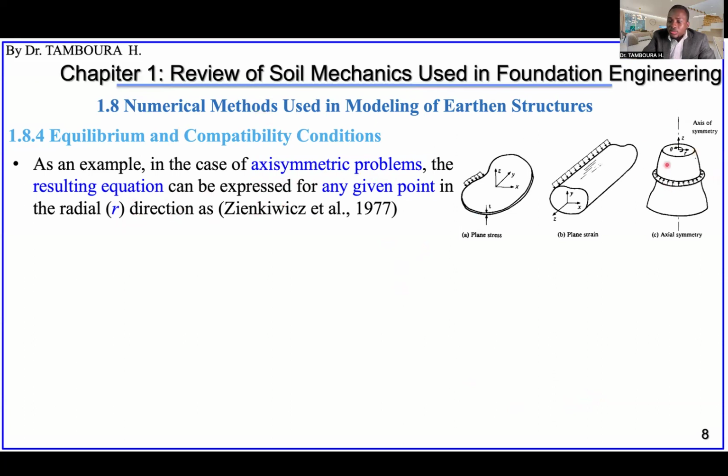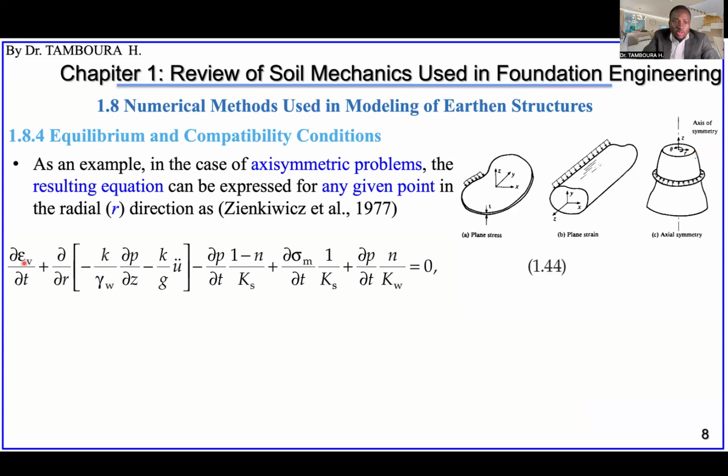When we have the direction of R, Z here, and theta, the angle. In this case, for example, the resulting equation can be expressed for any given point in the direction of R, the radial direction. So it can be something like this.